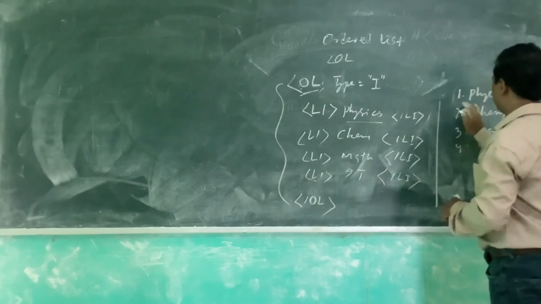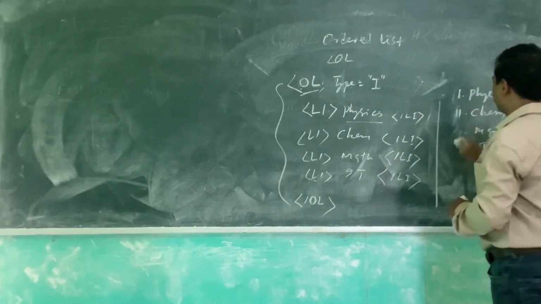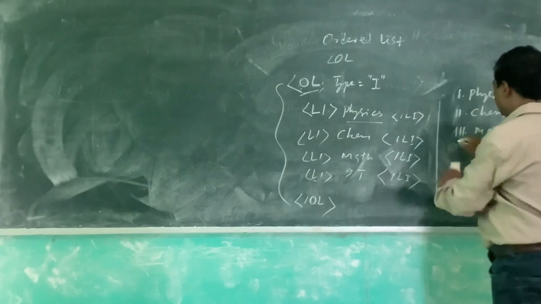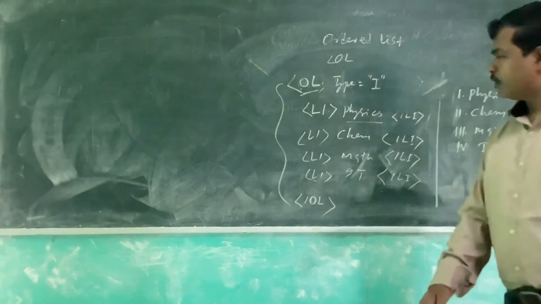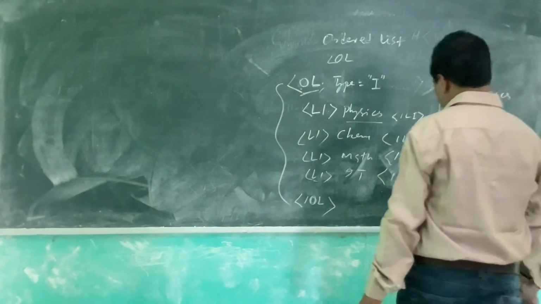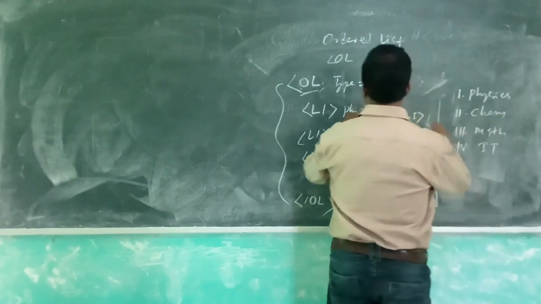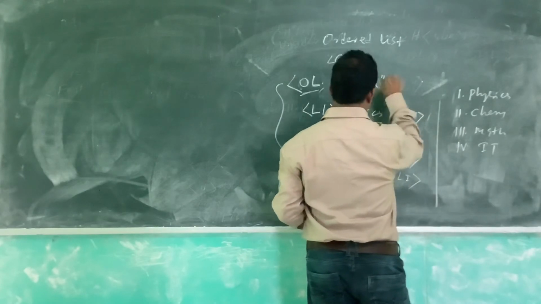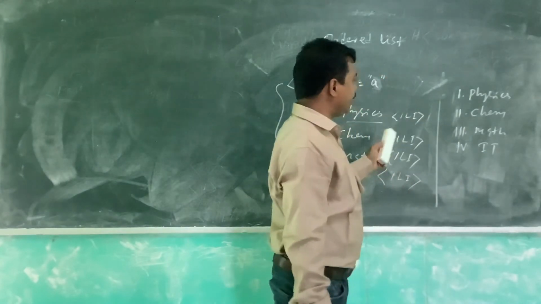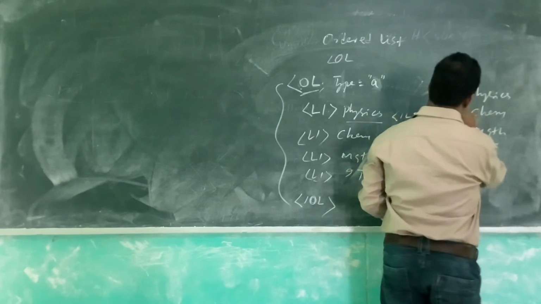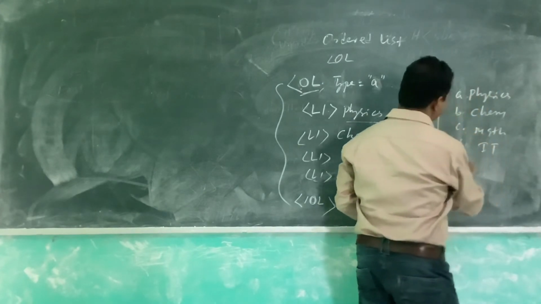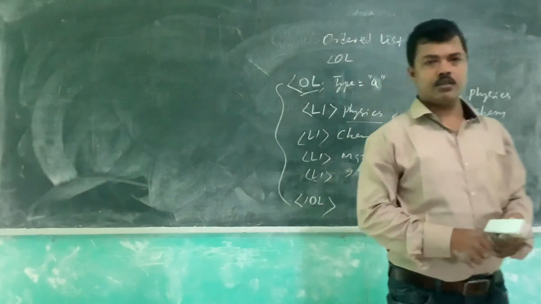I, double I, triple I like that. Okay, and to change to A, type equal to A, the output will be A, B, C, D, like that.